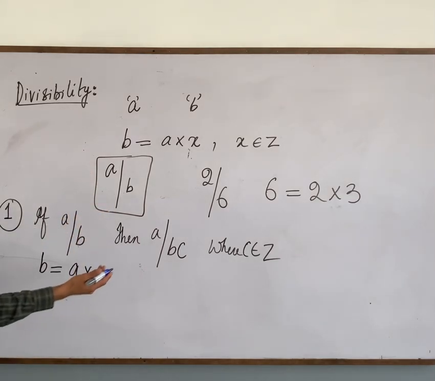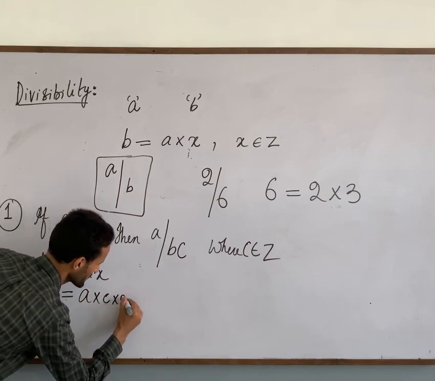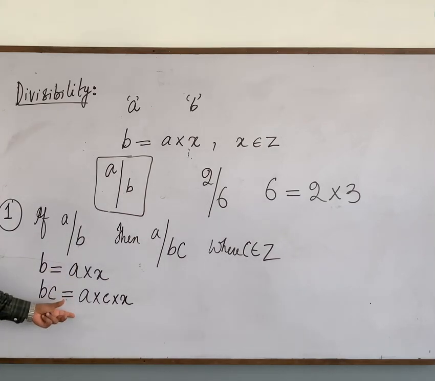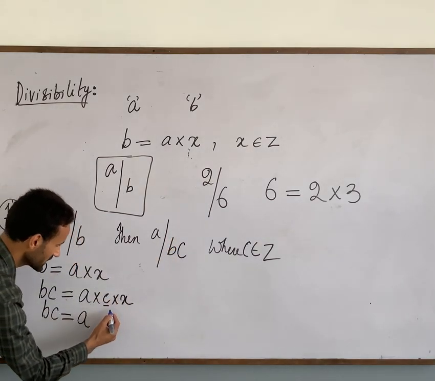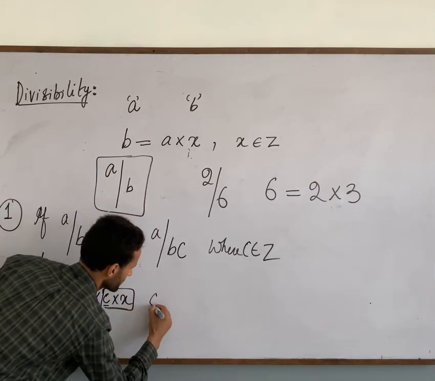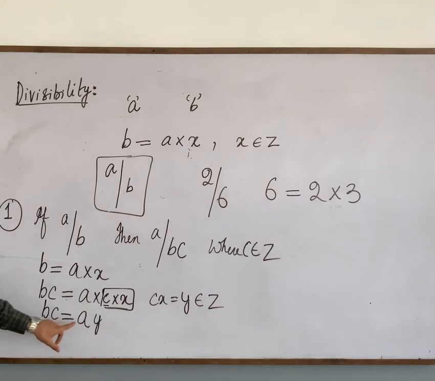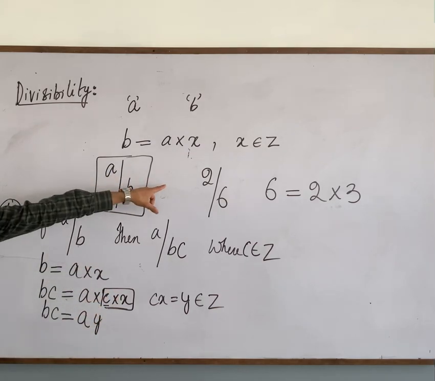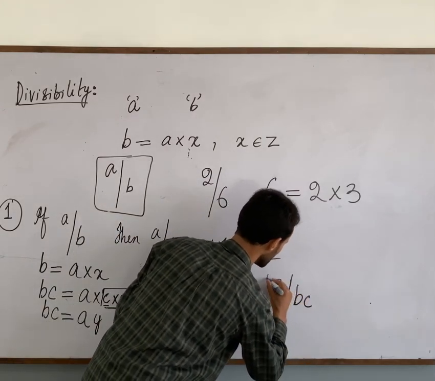Now if I multiply the equation on both sides by c, it becomes bc equals a into c into x. Since c is an integer and x is an integer, their product will also be an integer. So I denote c and x by y, that is also an integer. If you look here, bc is equal to a into y, that is, I have written bc as a product of a into y. By the definition of divisibility, it implies that a divides bc, right?